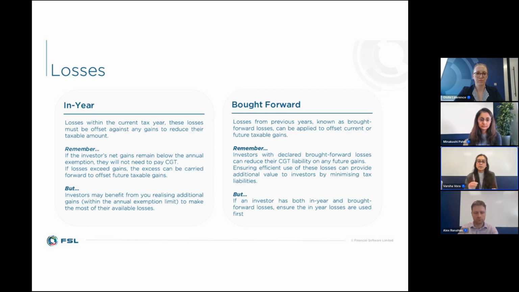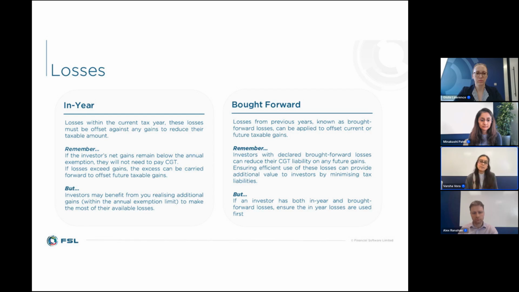As well as in-year losses and brought forward losses, one of the things that you should also remember and take into account is things like external losses. So it's not just losses that they're incurring within their investment portfolio. Have they made CGT losses outside of their investment portfolio that they might want to consider or offset for just this particular tax year because it's a one-off loss that they've made?